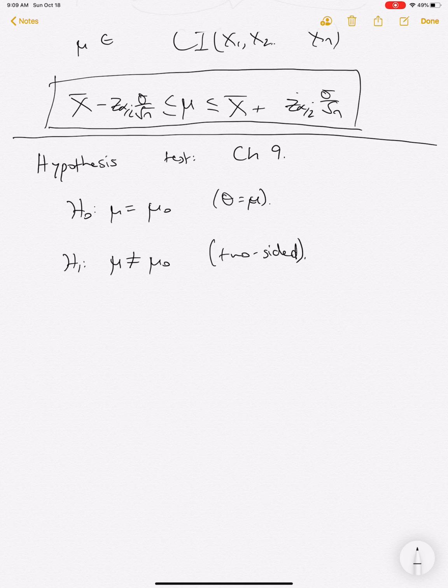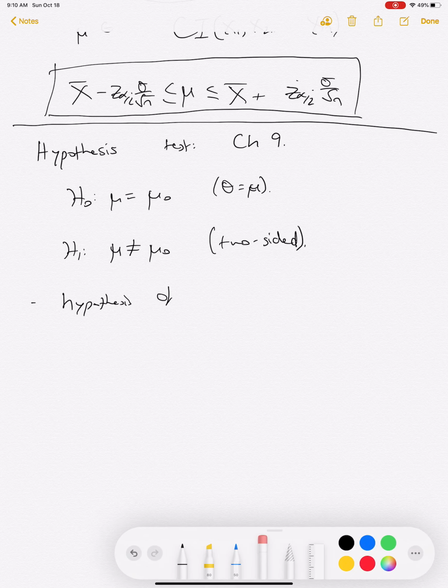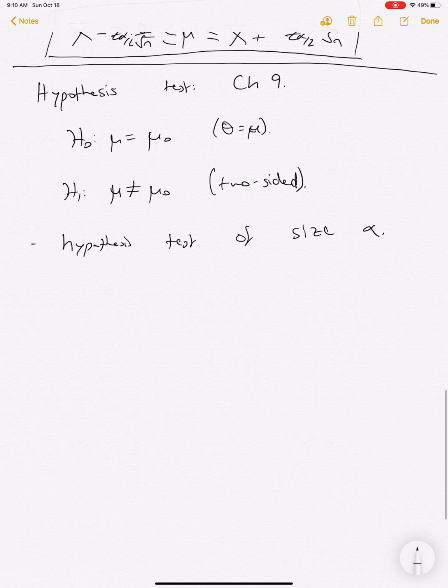Now the question is, we want to do a hypothesis test of size alpha. How do we do that?